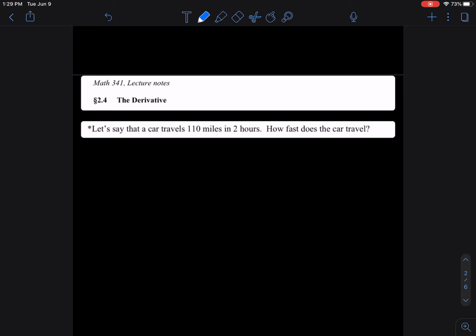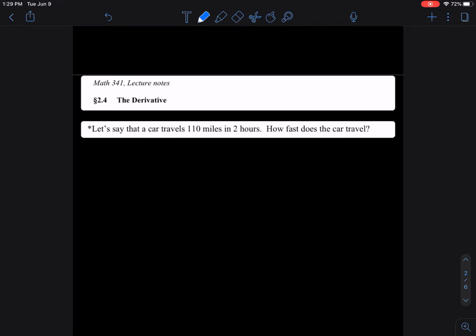So let's start by considering this example, to briefly introduce what the lesson is all about. Suppose you have a car that travels 110 miles in 2 hours. The question is, how fast does the car travel? Not much information is given there. You know the total distance, and you know the duration of the trip, which is 2 hours.